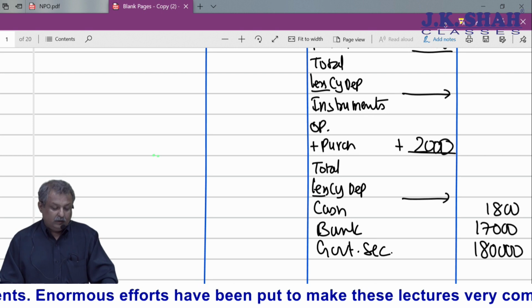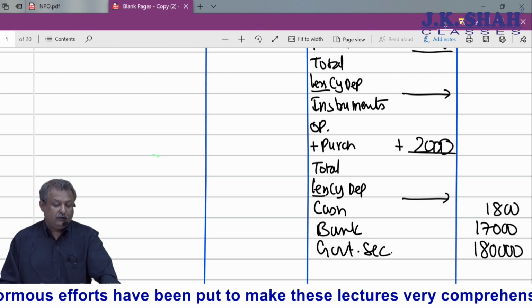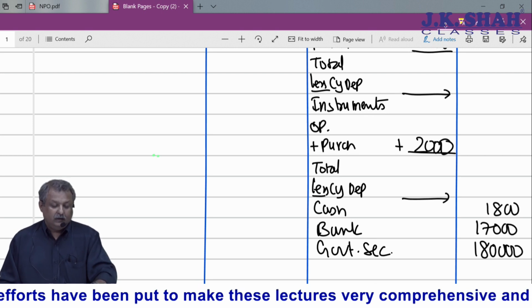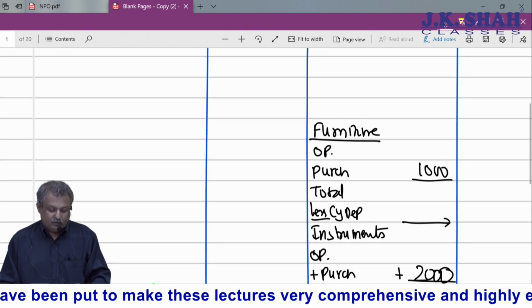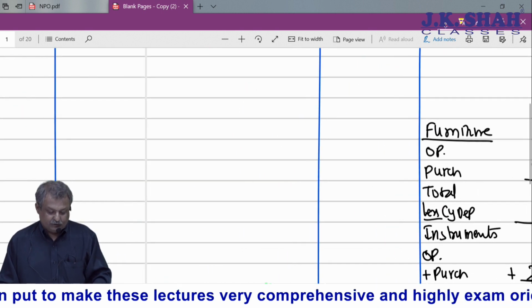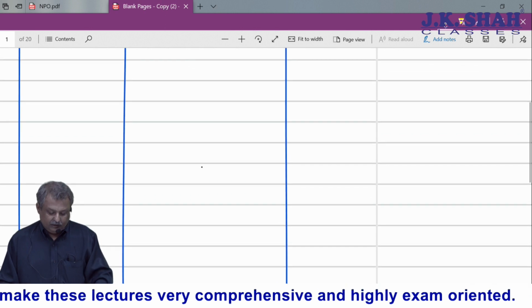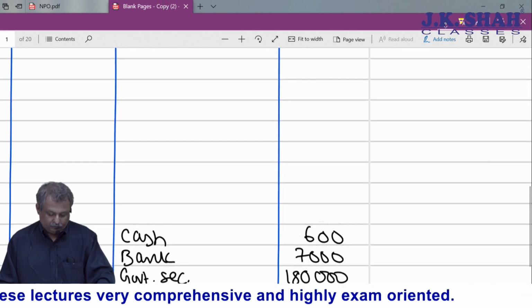So, all the untick items of receipts and payments account are taken. Now let us look at the untick items of income and expenditure account.